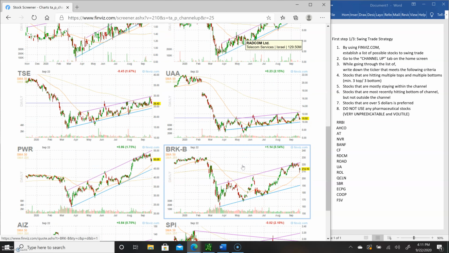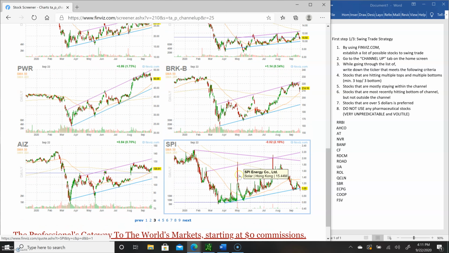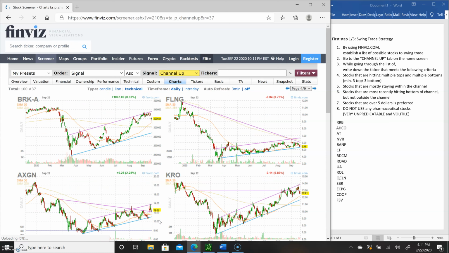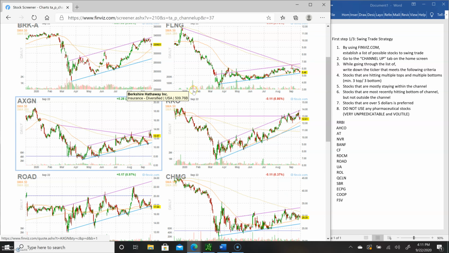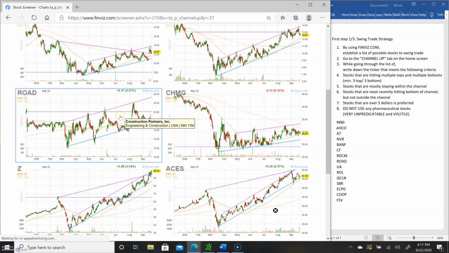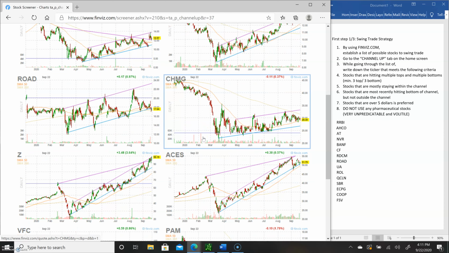Okay, we're going to get going here. We have to look through this whole list, and we've got 9 pages. Let's see, another one here. Road, multiple bottoms, multiple tops. Add that to the list.